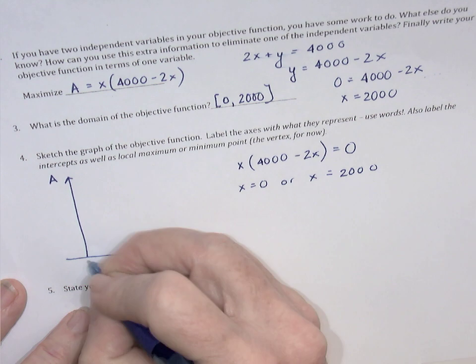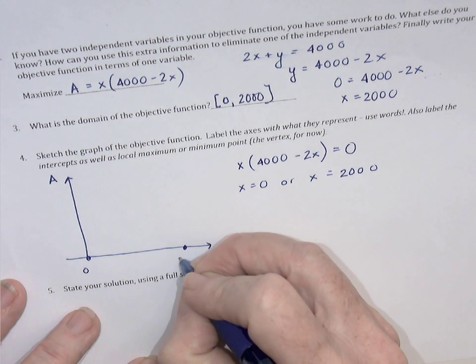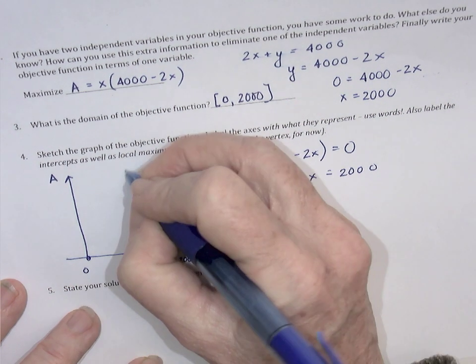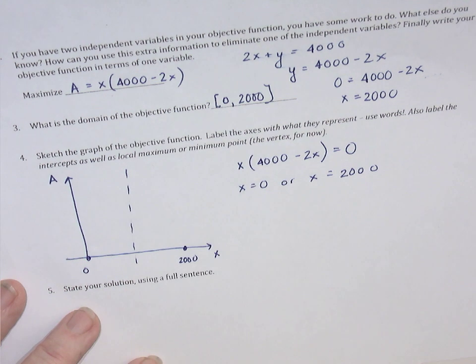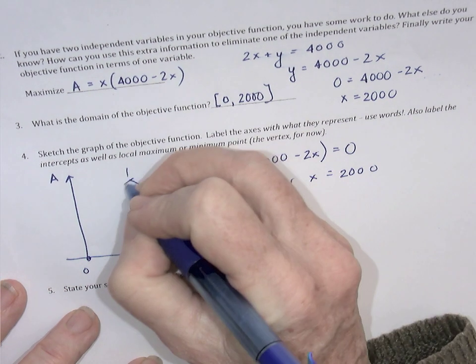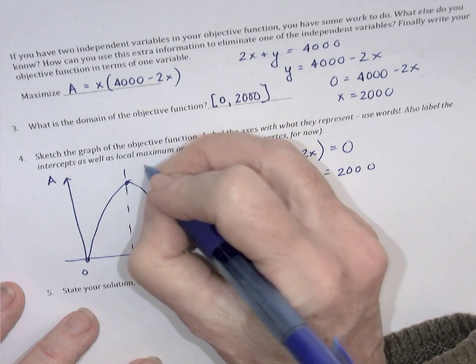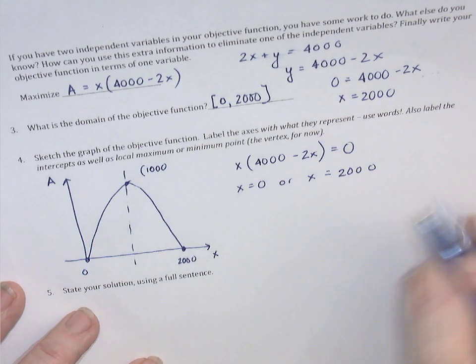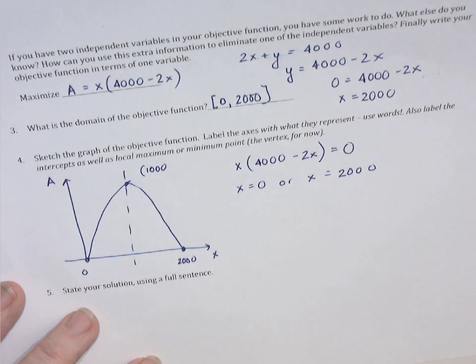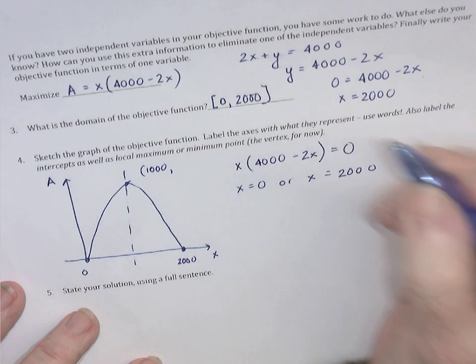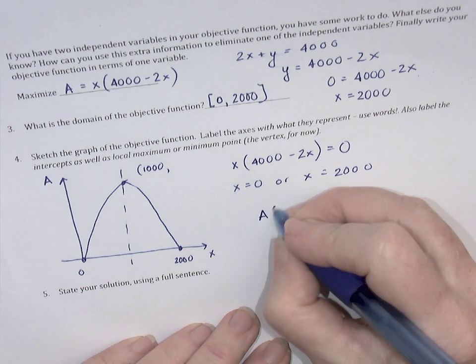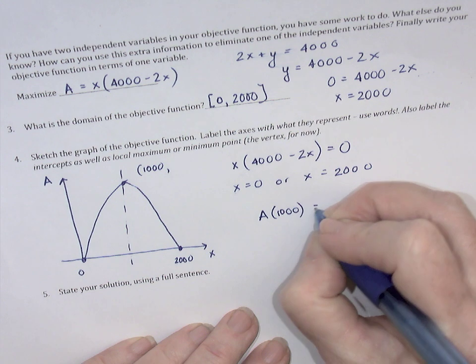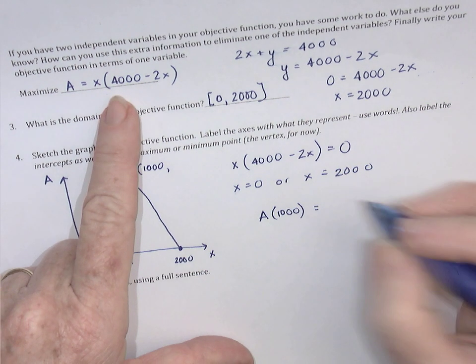Once again, we have those very handy x-intercepts, and the axis of symmetry is smack down the middle. So our vertex on the axis of symmetry will have an x value exactly halfway between, at 1,000.